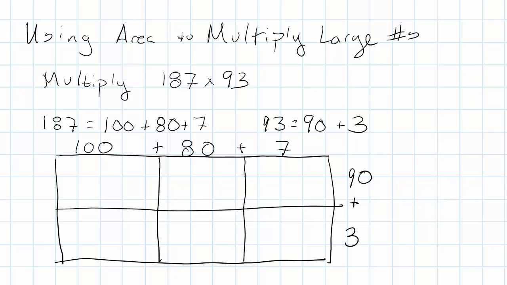Right, we just multiply the first digit. 1 times 9 is 9. And then we total up the number of zeros.